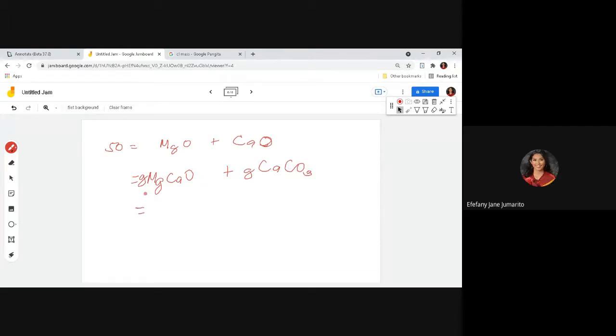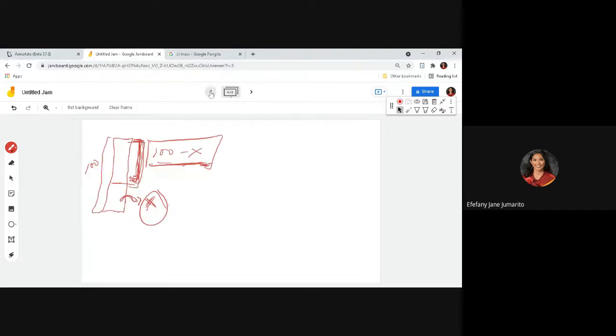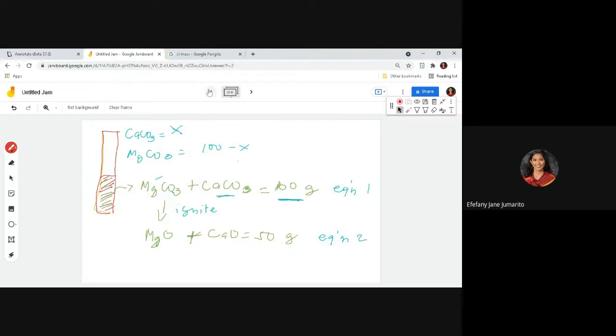So we have 50 is equal to grams of magnesium carbonate. Pila ang grams sa itong magnesium carbonate? Pila yung mass sa magnesium carbonate? 50 grams. Sorry. Okay, we have that one. Ato naman itong gilet. 100 minus X, ma'am.